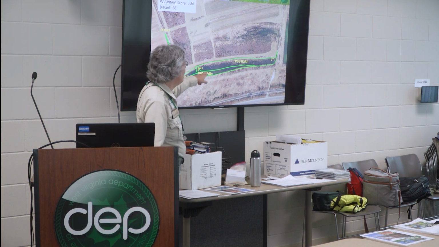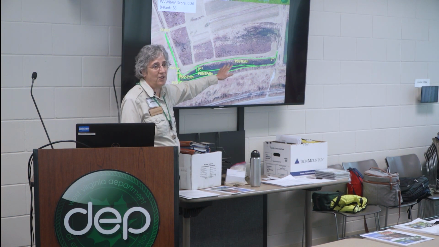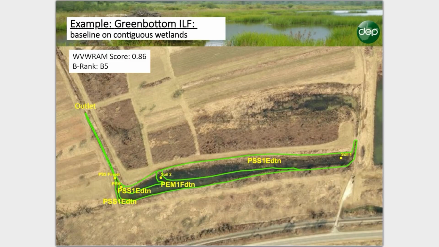This was the WVWRAM that was done prior to construction of the existing wetlands at the site. And you'll see the score, it has a B rank, it has state important biodiversity, it's a B5. The WVWRAM score is very high, 0.86, because of that B rank, which really pushes the score up. So this is our baseline on the contiguous wetlands before construction.